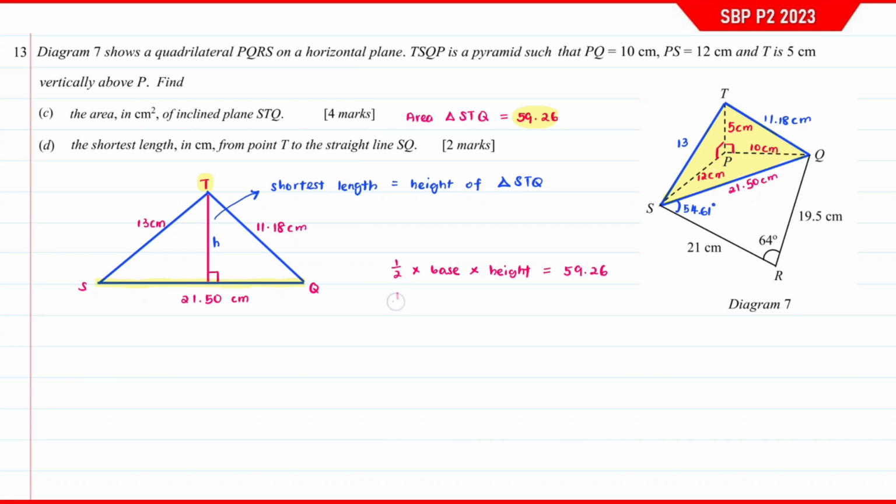Here the base will be 21.50, multiplied by the height, which is the shortest length. Solve this, H is equal to 5.513.